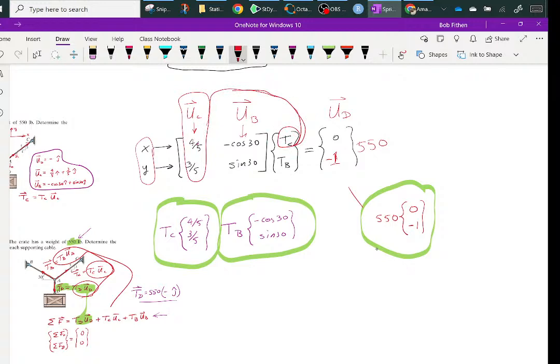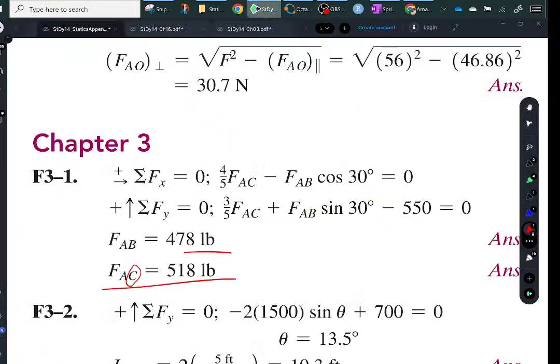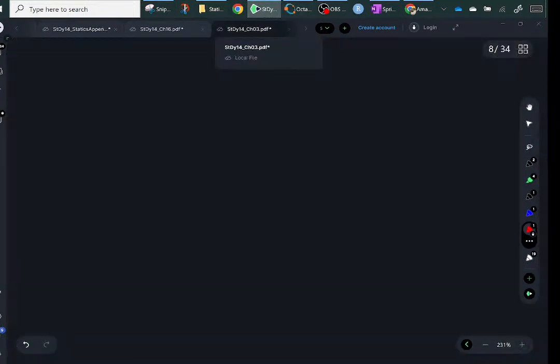In other words, UC times TC, UB times TB. If you take care of the order of the notation, you can just look at a problem and work it. We have enough time, so let's pick another problem and work one just from that observation.